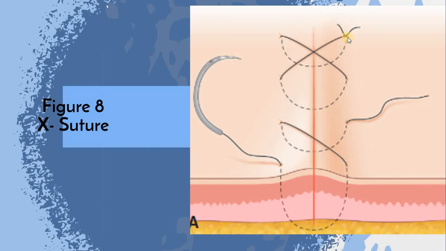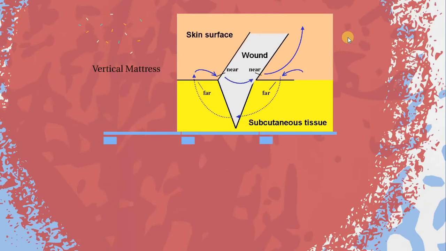Then you start from the same side of the first point. So this is 1, this is 2, then go to the other side, do the other entrance, then go to the other side, doing the other entrance. So you have 4 points, 1, 2, 3, 4, and you just tie your knot here. This is X suture or figure 8.